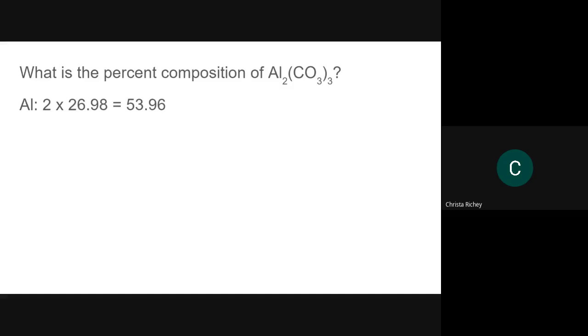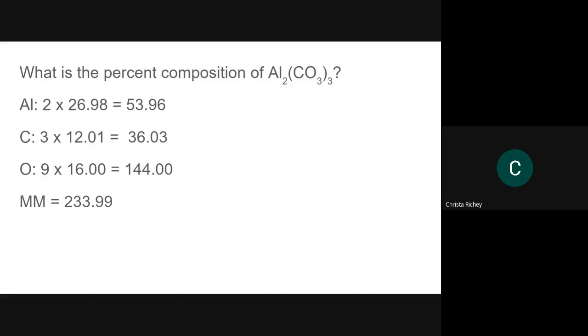There are two aluminums in aluminum carbonate. Al is 26.98. You still have to do the molar mass first. There are 3 carbons, each one's 12.01. Then there are 9 oxygens, each one is 16. Now I have to add them up first. Molar mass is 233.99 grams.